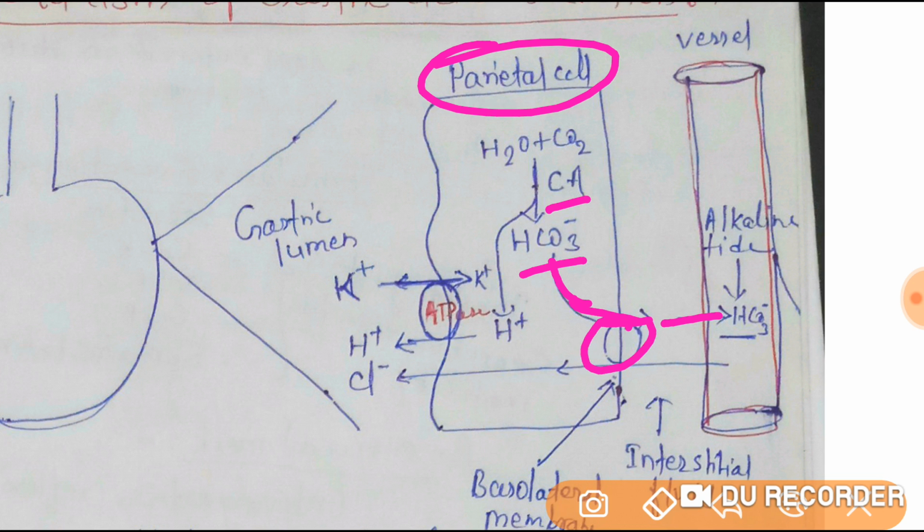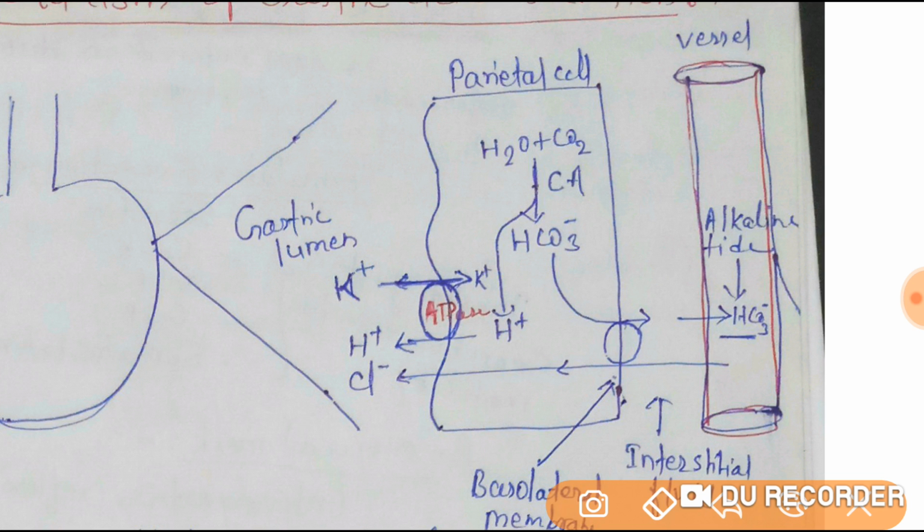This is an active channel, so it requires energy. From the vessel to the interstitial fluid, there is transportation against exchange of the chloride, and this H plus is transported to the lumen.